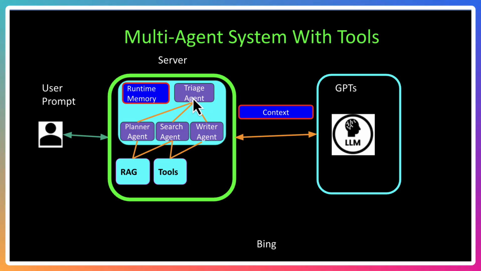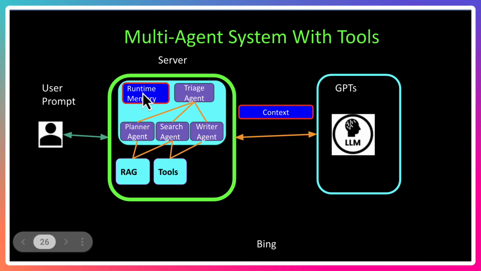And then once one of these agents is finished, it may return the result back to the triage agent. Now we'll see that managing, again, the context window is very important, that perhaps not all these tools need everything that's been recorded in the context window.